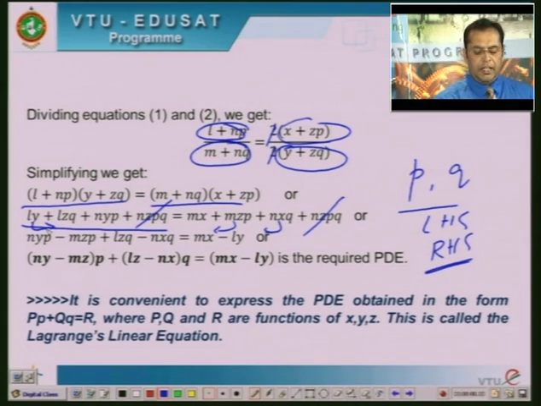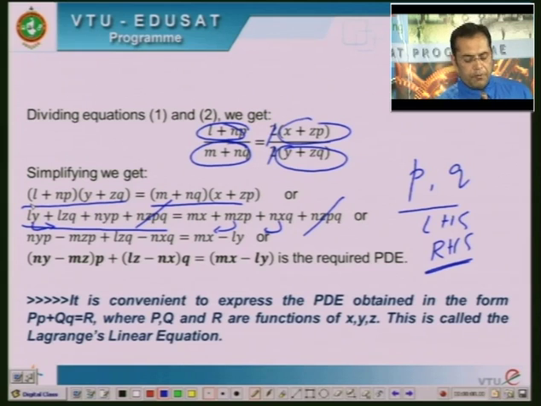So, we get nyp minus mzp plus lzq minus nxq equal to mx minus ly.